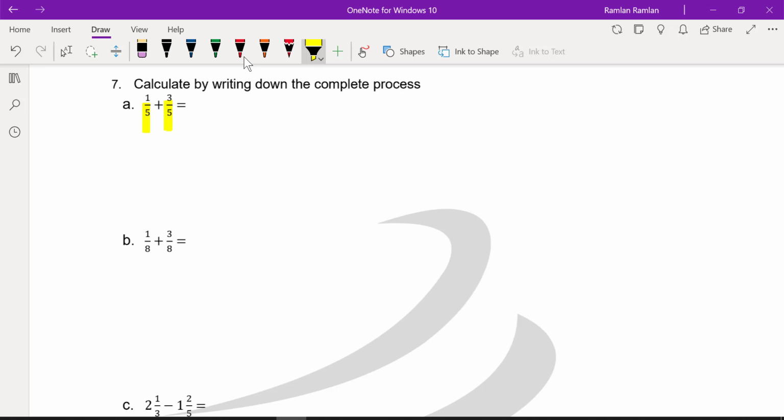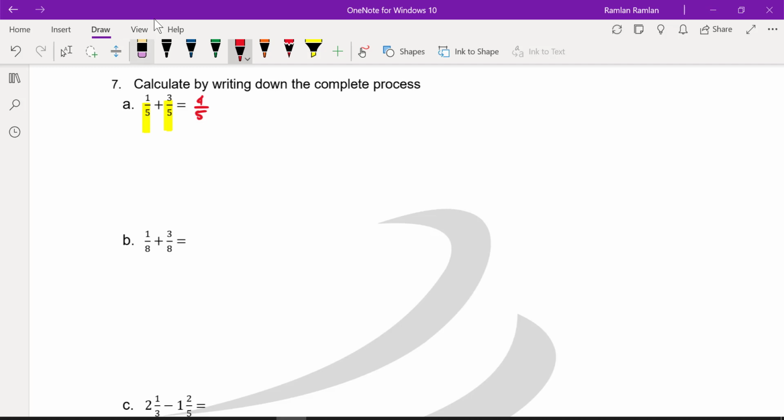For this question number 7a, since we have the same exact denominator, which is 5, you can just add 1 and 3, because this is just an addition, right? So 1 plus 3 is equal to 4. Now remember that you don't add the denominator. The denominator stays the same. So it's just 4 over 5.